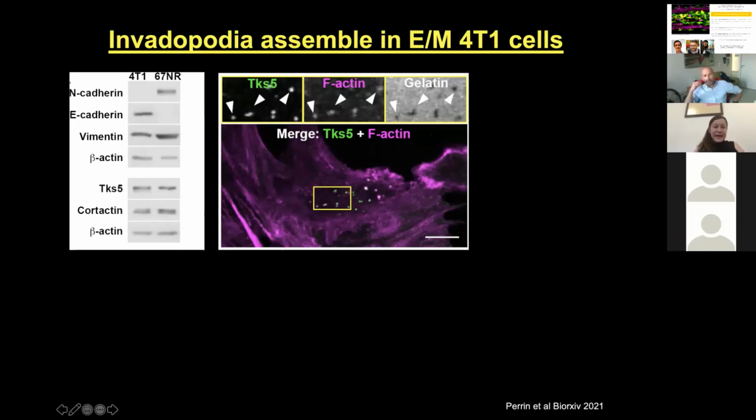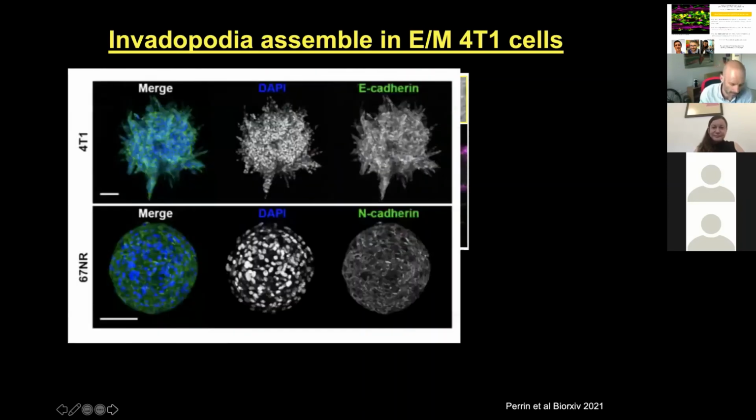It's a hybrid EM. So it has E-cadherin, but it also has Vimentin. It also has TKS5, which is expressed in invadopodia, and you can see the invadopodia here, and these cells grow as clusters, so it's very hard to separate them.